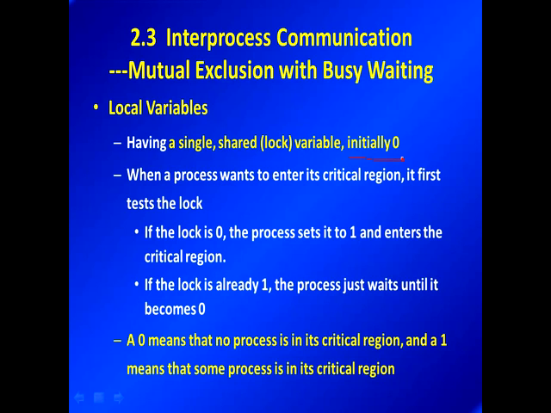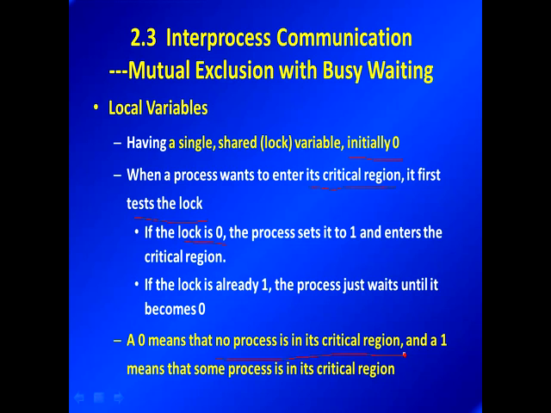And then we can set a single shared variable, a lock, and we set the initial value as 0. When each process wants to enter its critical region, it should check the value of the lock first. If the lock is 0, it means no process is in its critical region, so it's unlocked, and then you can get into your critical region.